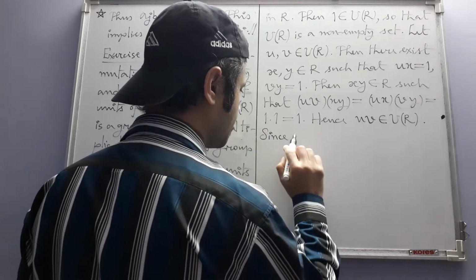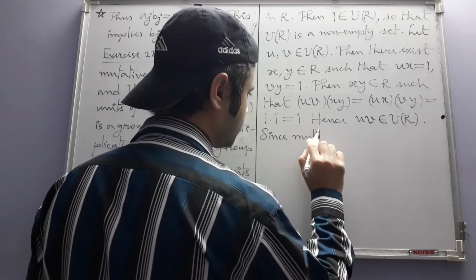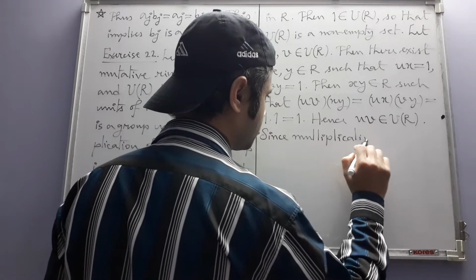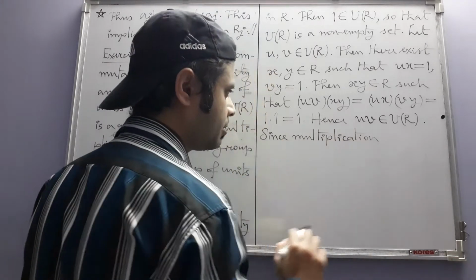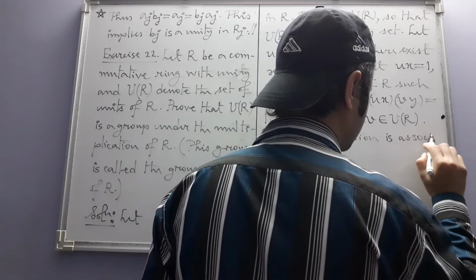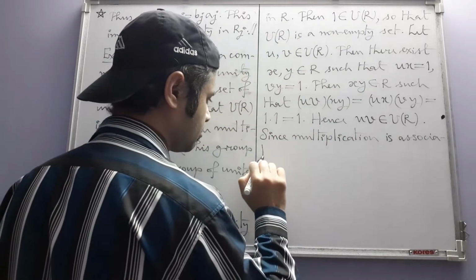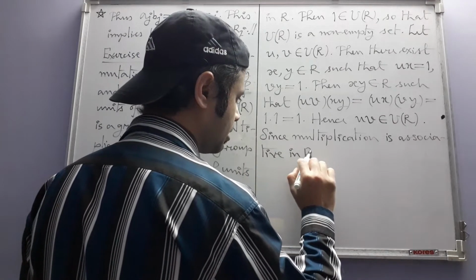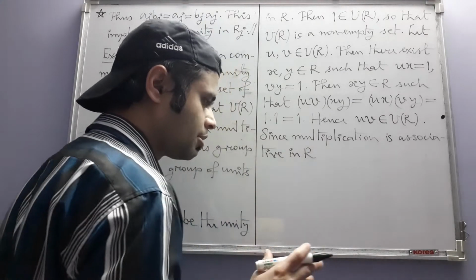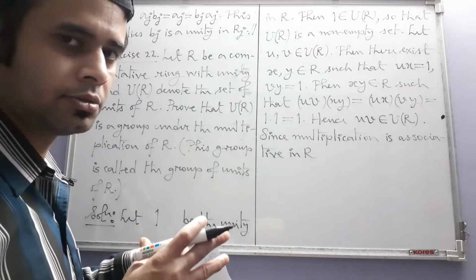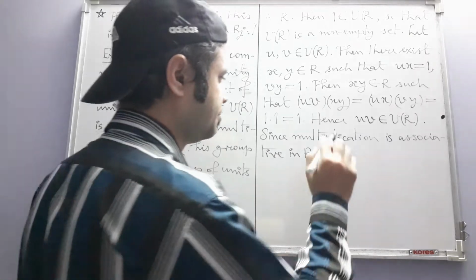Since multiplication is associative in R, it's also going to be associative if we restrict our attention to the subset UR.